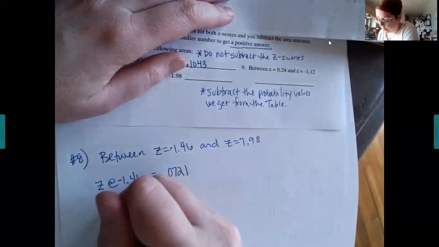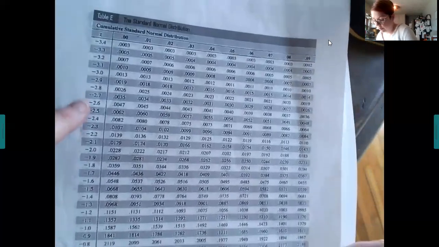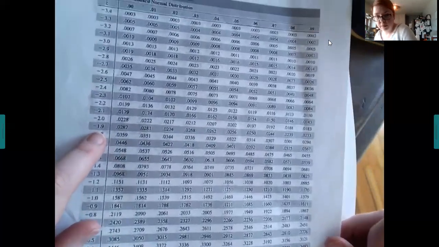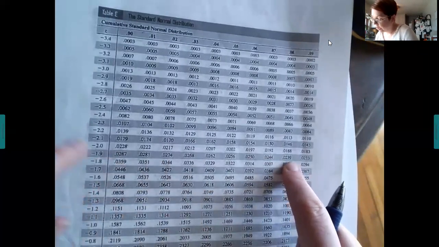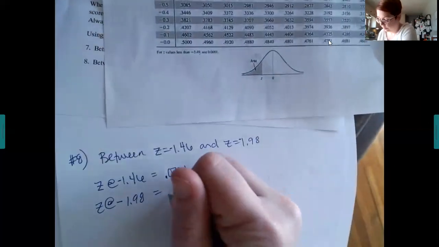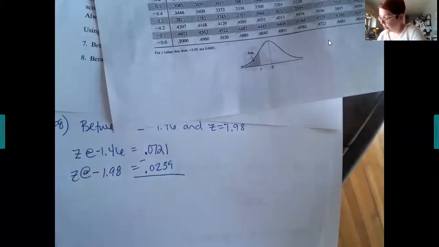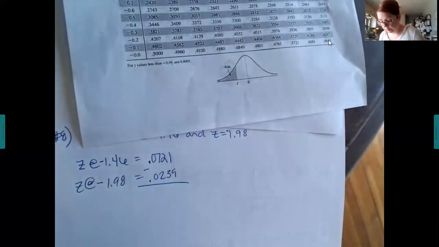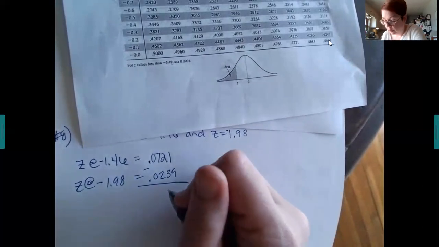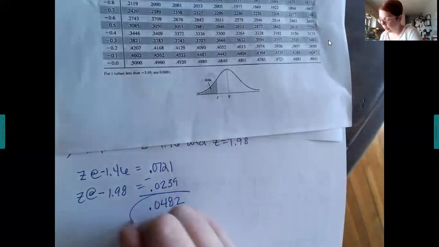We're going to look up z at negative 1.98. Go to negative 1.9, and then go over to 8. 0.0239. And then we're going to subtract these two, and that will be our answer. And it is big minus small, the way it's set up. And I get 0.0482. So that would be the answer.